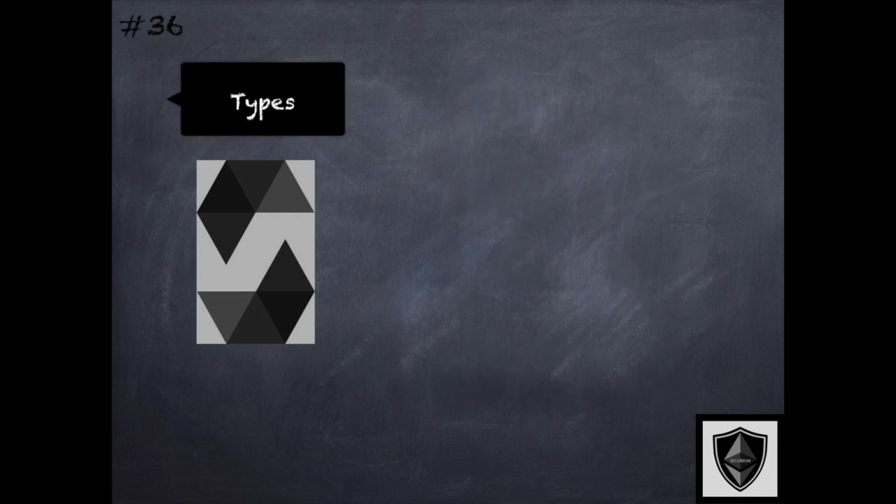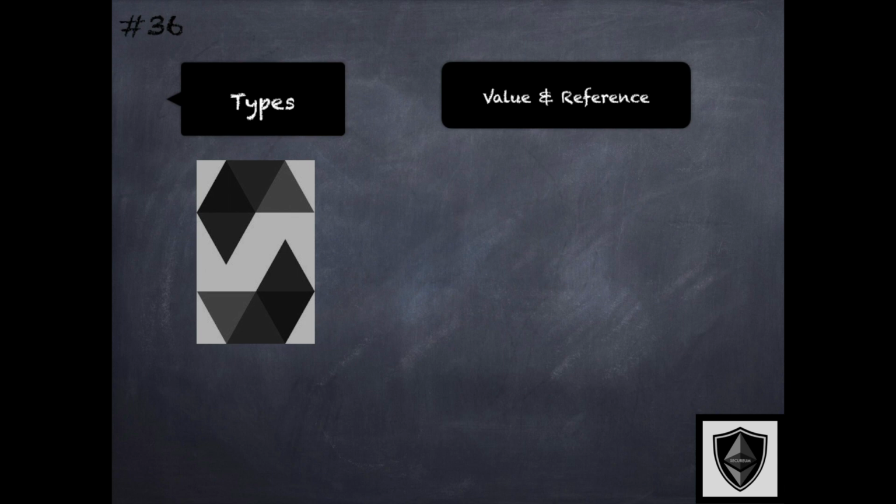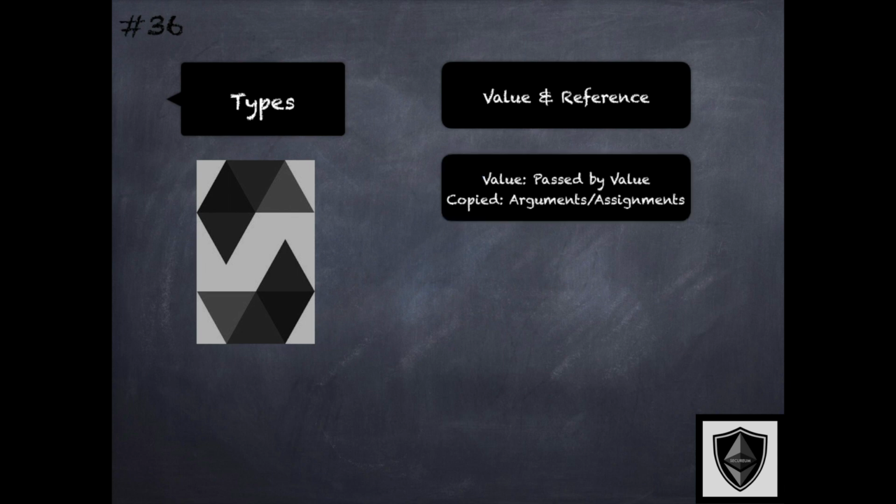Solidity has two categories of types. There are value types and reference types. Value types are called so because variables of value types are always passed by value, which means that whenever they're used as function arguments or in assignments of expressions, they're always copied from one location to the other.